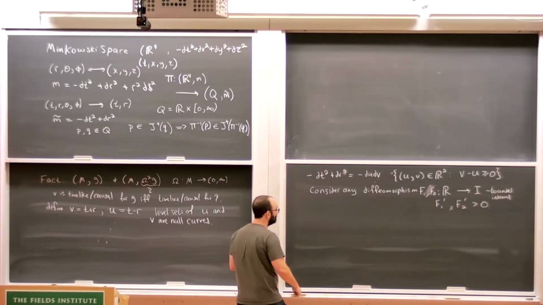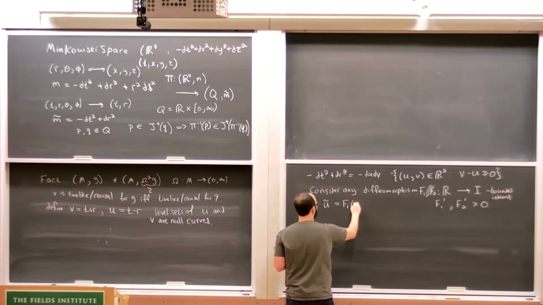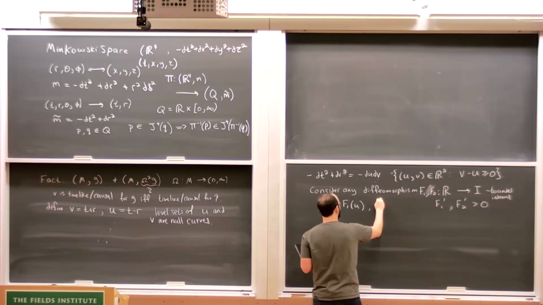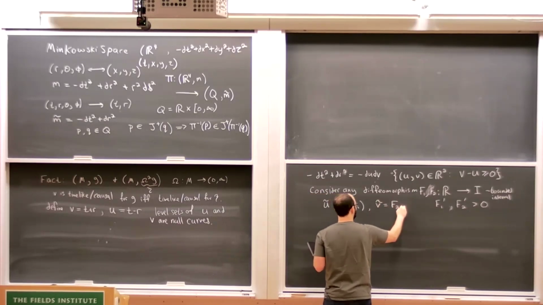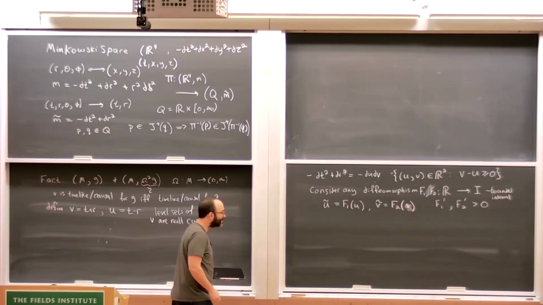The benefit is that then you can change coordinates. So you can take u tilde equals F1 of u, and v tilde equals F2 of v.